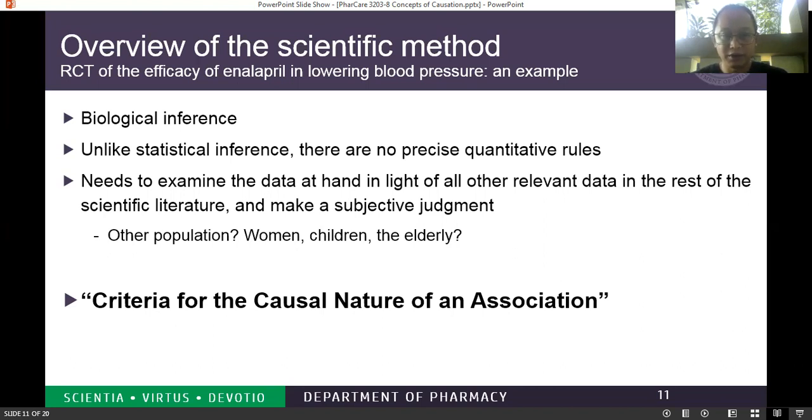But in biological inference, we do not use that kind of approach. We can also use quantitative rules, but it can also be qualitative. So actually, what we do is to answer why we have a significant difference and why we have a significant association.